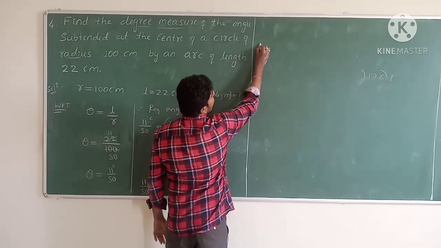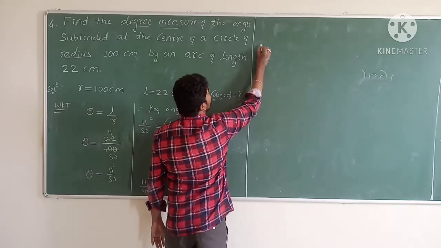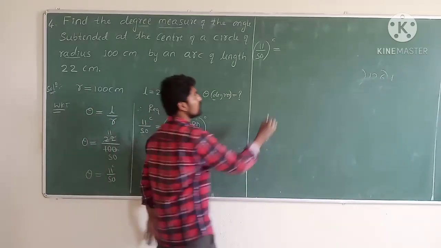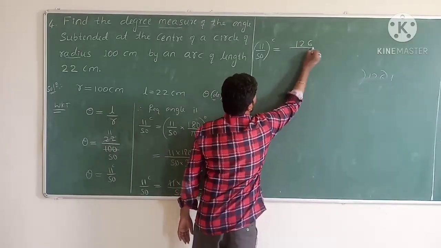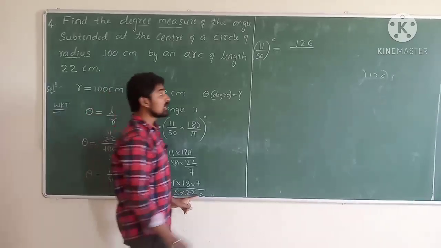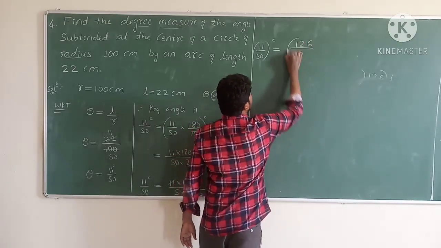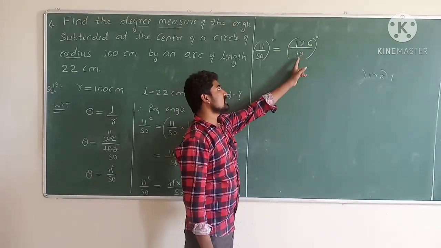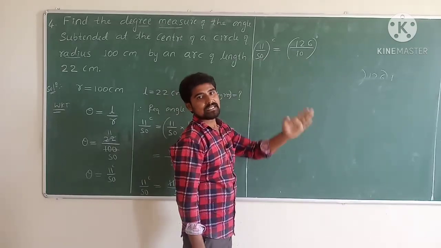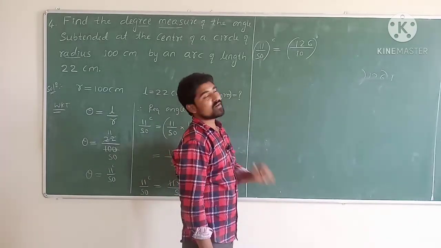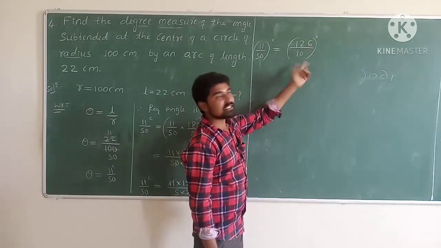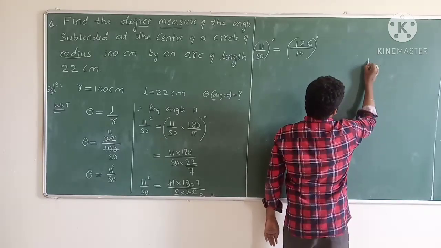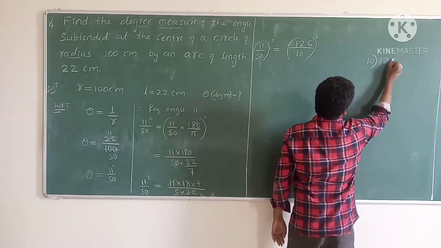Therefore 11 divided by 50 radians is equal to 126 divided by 10 degrees. Now we need to split this 126 divided by 10 into degrees, minutes and seconds. So for that, divide this 126 by 10.